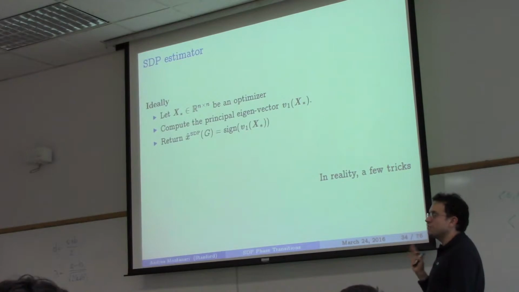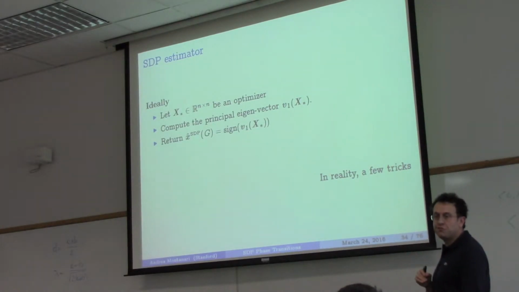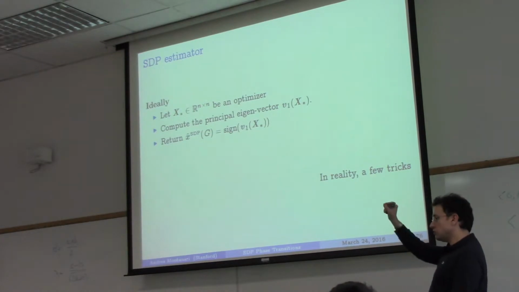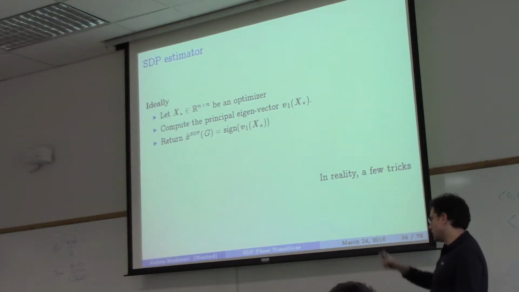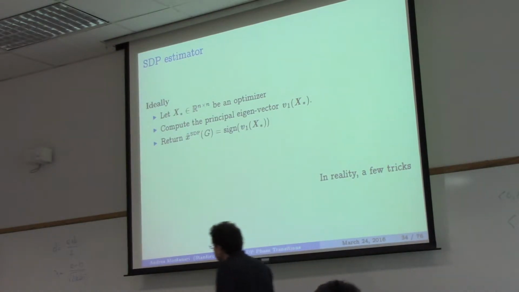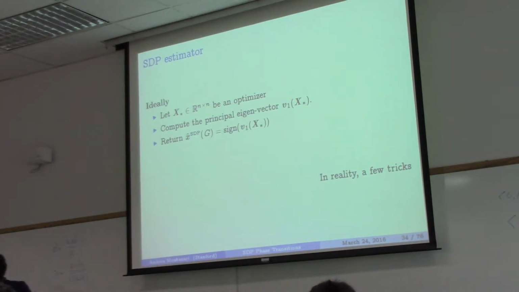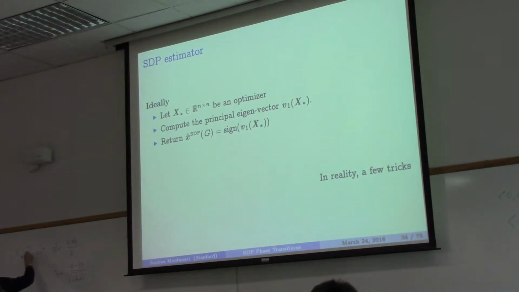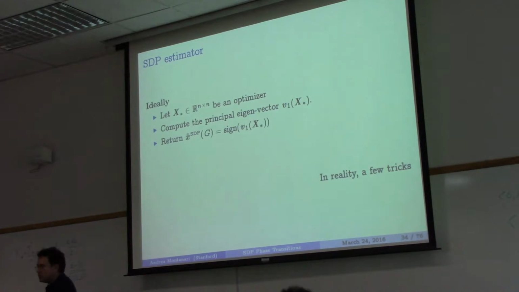In reality, for the proof to go through, we use a few more tricks. We use something that is not like this. In particular, we don't take the top eigenvector, but we take one eigenvector at random. So if you decompose x star as the sum over i of xi_i v_i v_i transpose, this is the eigenvalue decomposition of x star.